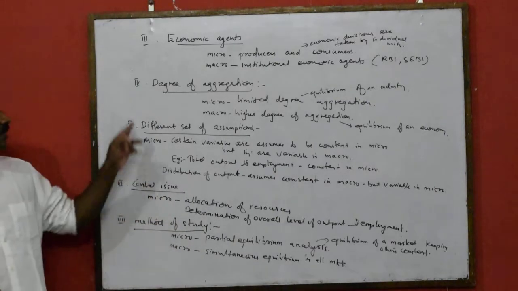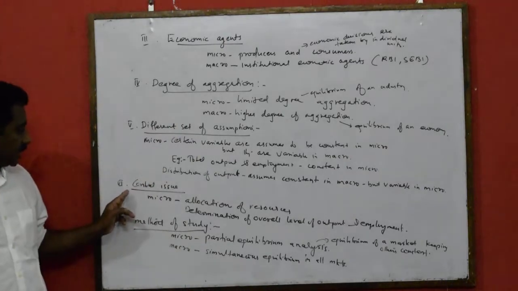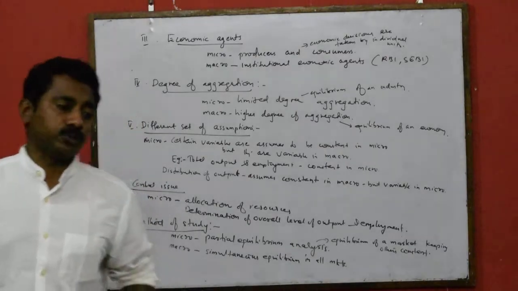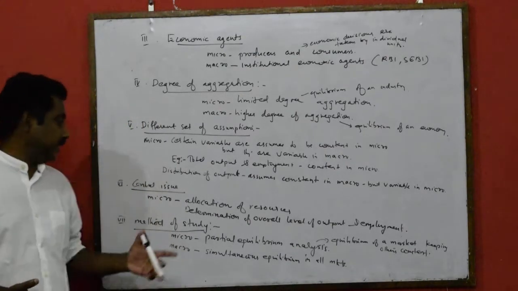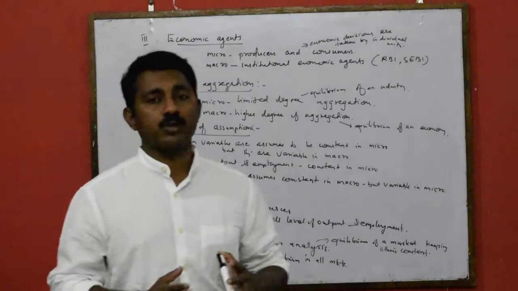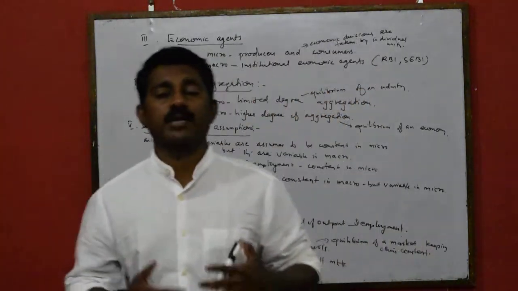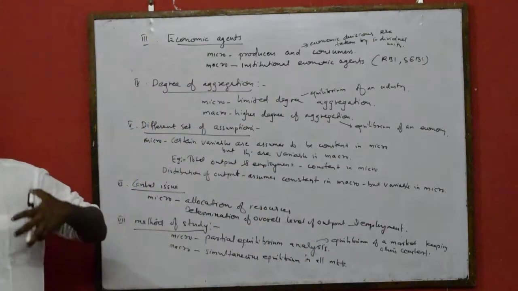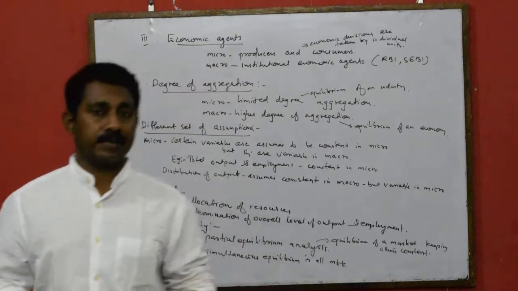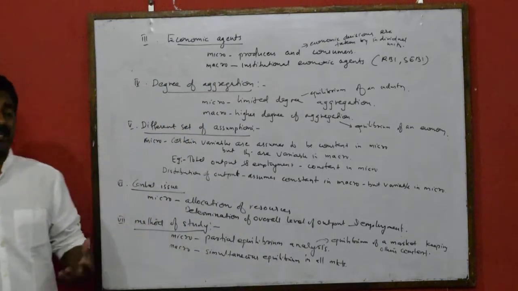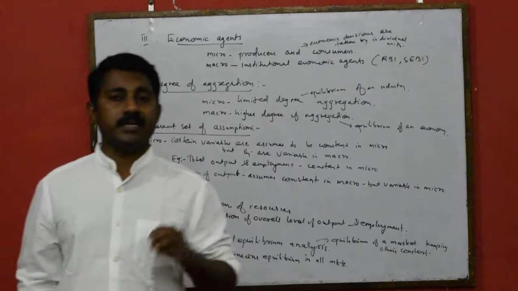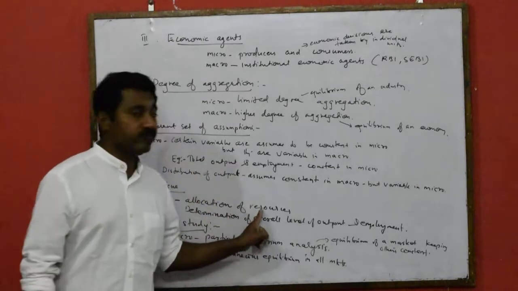Sixth difference between micro and macroeconomics is the central issue. In microeconomics, the focal point of study is allocation of resources. How limited resources can be allocated in various uses so that at an individual level or at a producer level or at an industry level output or satisfaction can be maximized. That means the central focal point of study is the allocation of resources.